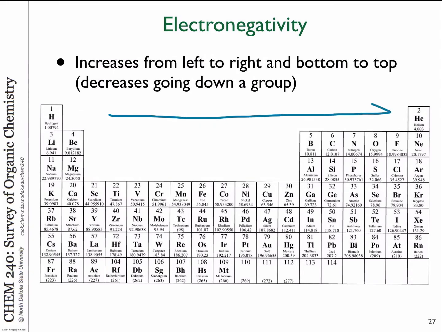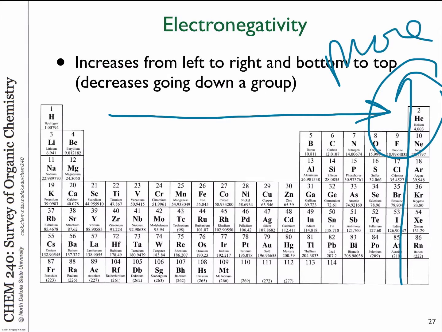As you go to the right on the periodic table and up on the periodic table, you become more electronegative. So fluorine actually is one of the most electronegative elements. As you go left, it gets less electronegative, and the least electronegative element here actually is francium down in the bottom left. Okay, so those are general trends.